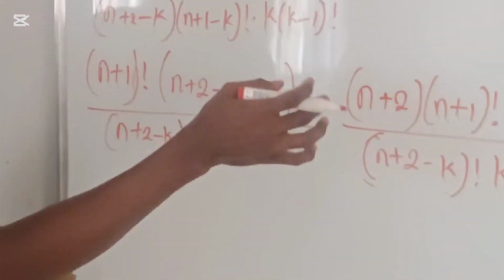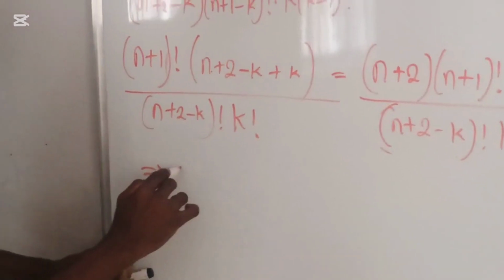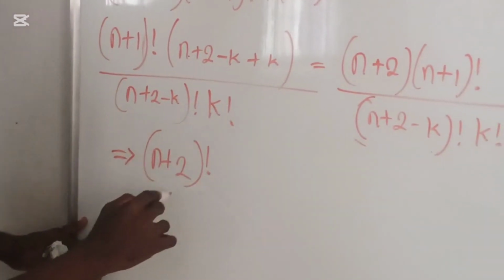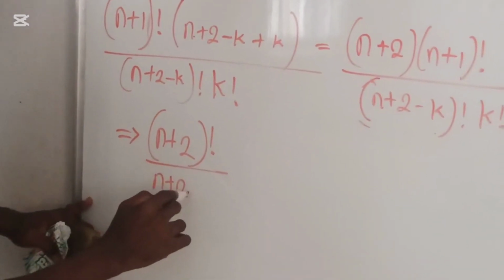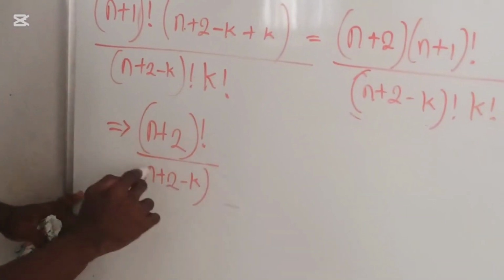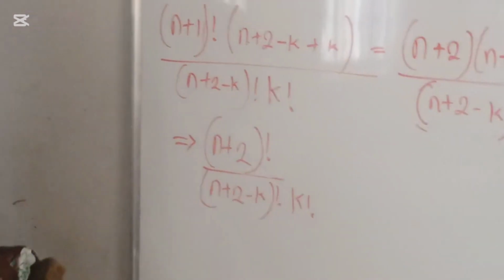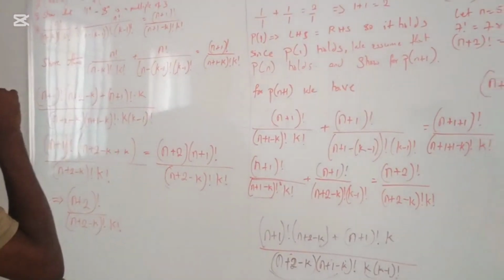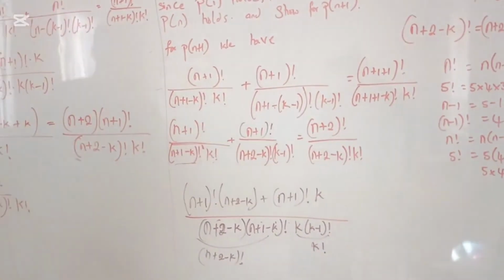Now, this n plus 2 multiplied by n plus 1 factorial is actually going to give us n plus 2 factorial all over n plus 2 minus k factorial, k factorial, which is actually what we have in the right hand side where we check for p. This is actually what we have here.